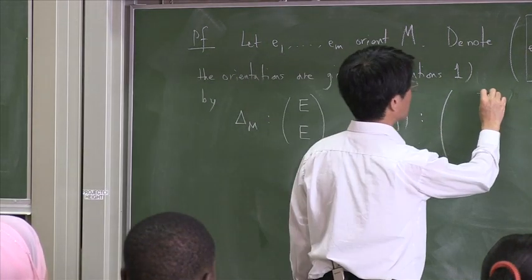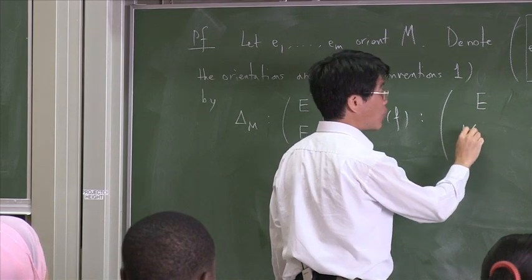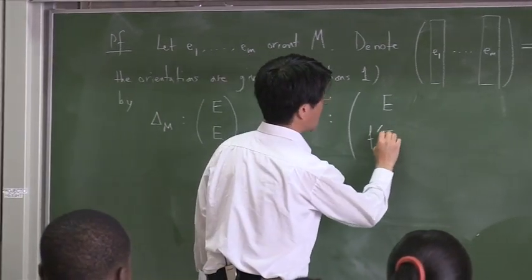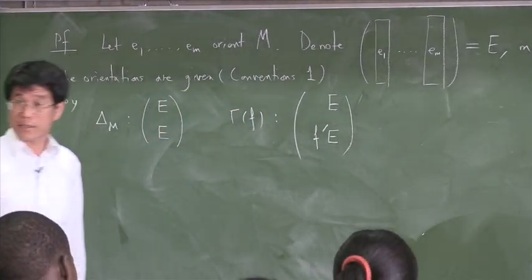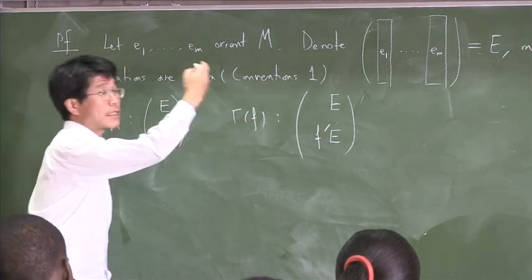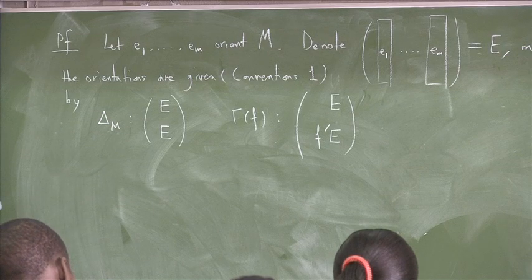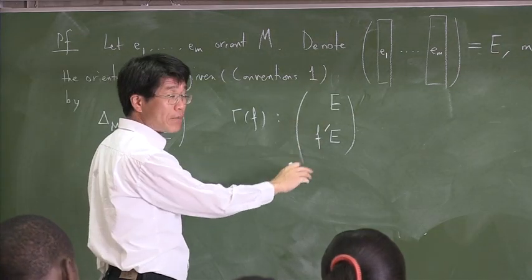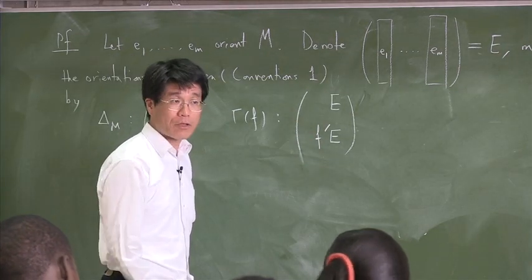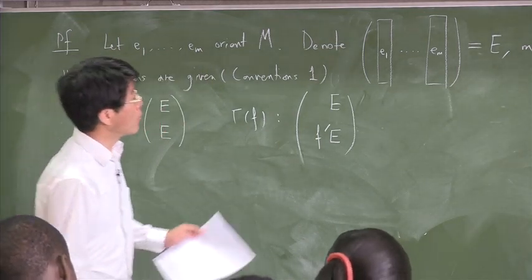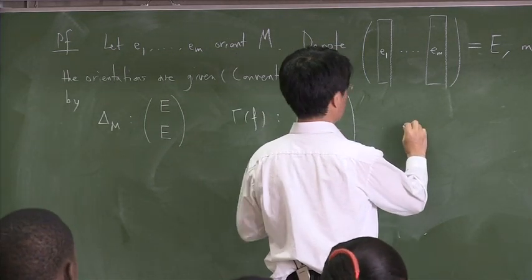E, and underneath, f prime, the derivative, applied to E. That's all there is. And if you look at the first, second, third columns and so on, you see the orienting basis. I'd like to remind you that this f prime is an m by n matrix, what is called the Jacobian.